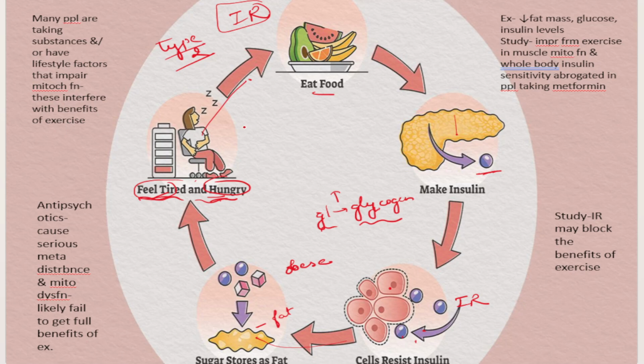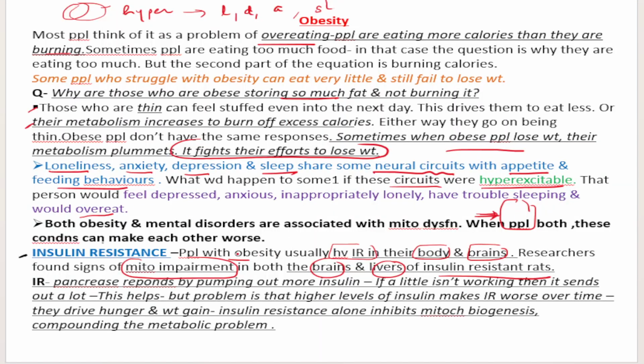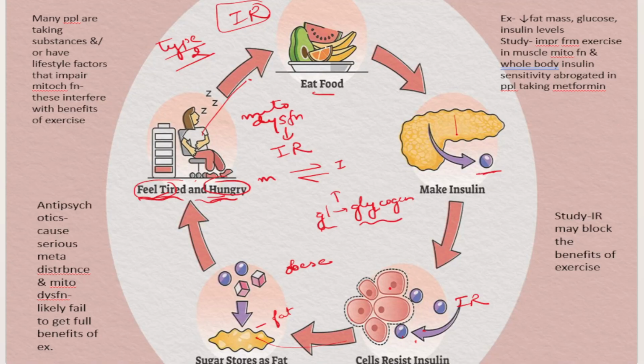So the author is suggesting that mitochondrial dysfunction might be contributing to insulin resistance, because we saw that mitochondria and insulin are involved in a feedback loop with each other. Now, what is insulin resistance? We have seen with the help of the diagram.